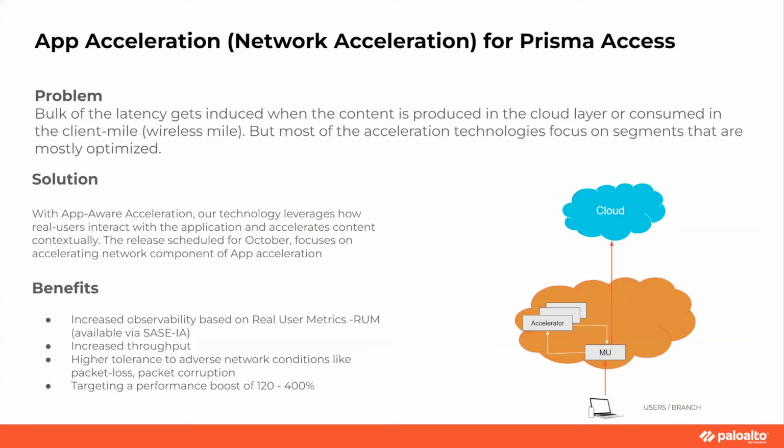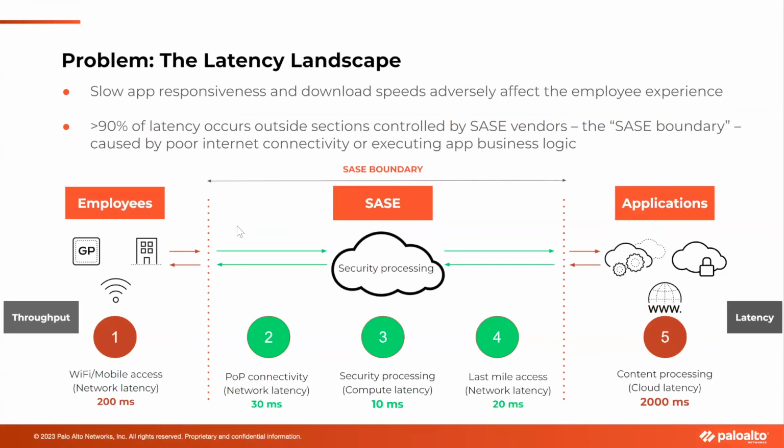From a user experience standpoint, this is a brand new feature that we launched, and hopefully we'll have a deeper dive session in the upcoming months. This is called app acceleration. If you look at today, when we talk about latency from a user to applications, we focus a lot on the middle part: where your POP is, how much latency you are consuming from a security processing standpoint, and what your last mile access is.